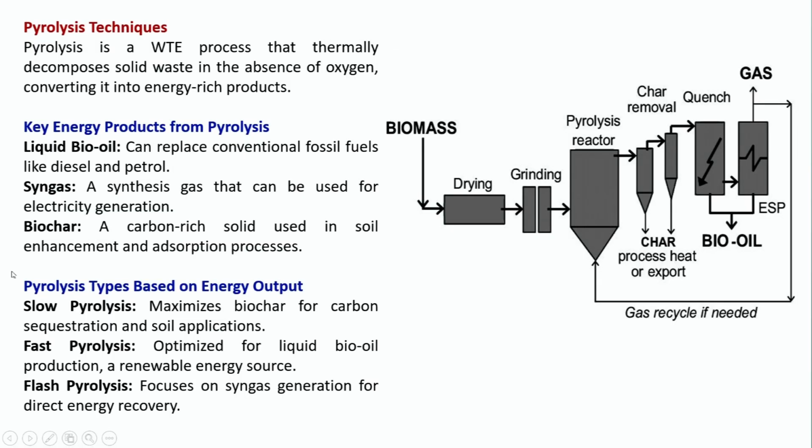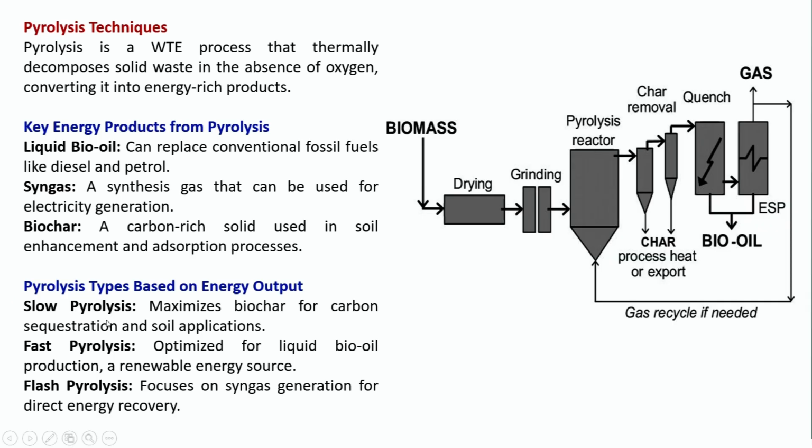It can also be used as a soil conditioner. And the pyrolysis types are based on your energy output, because whether you carry out pyrolysis in a faster way or a slower way is decided based on the energy coming out of the whole operation.